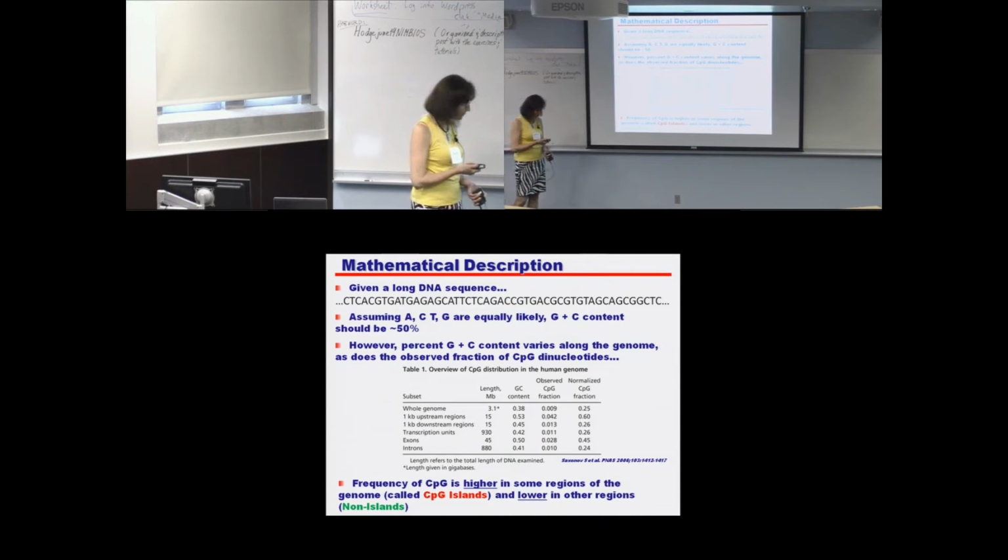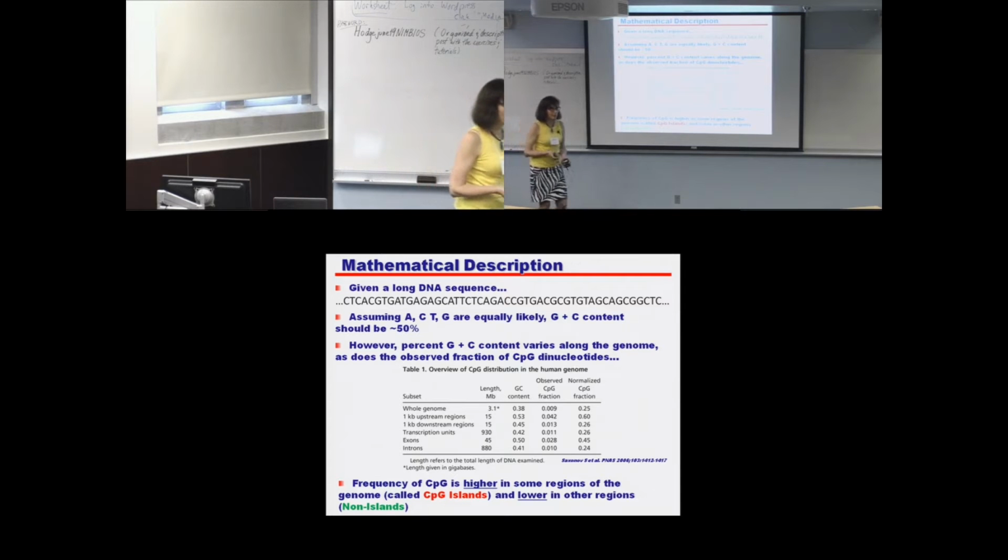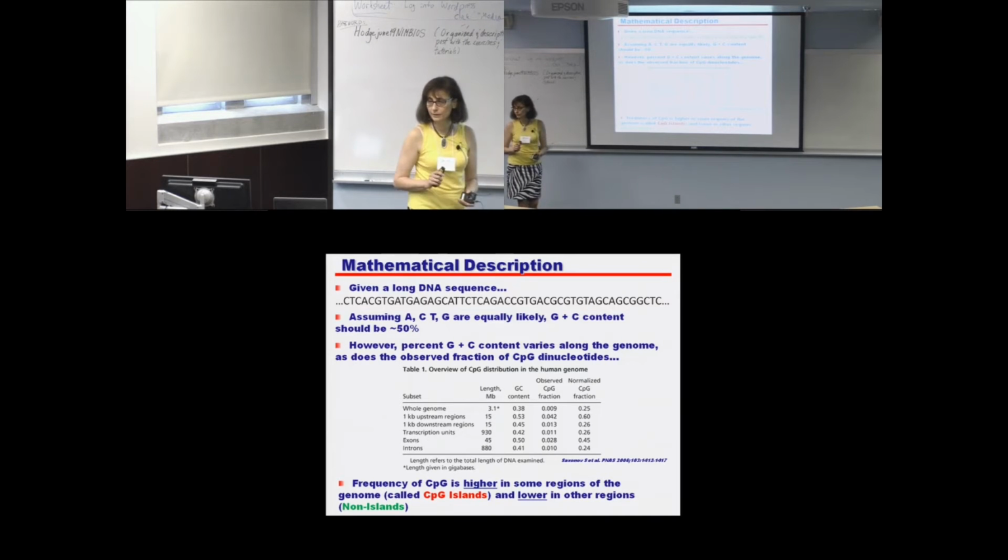By the way, for the math portion here, you may remember that G pairs with a C on the double helix. This is not what we're talking about here. So don't get misled. We are talking about a C followed by a G on a single strand of DNA. So this is the point of conversation here.